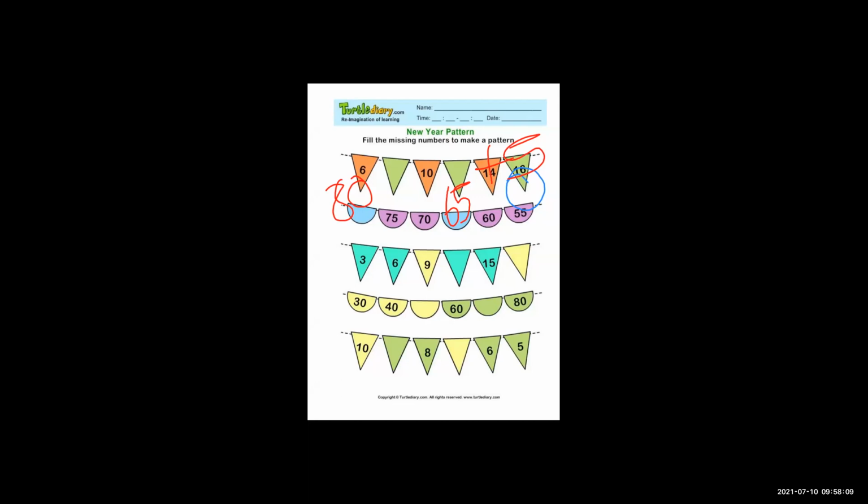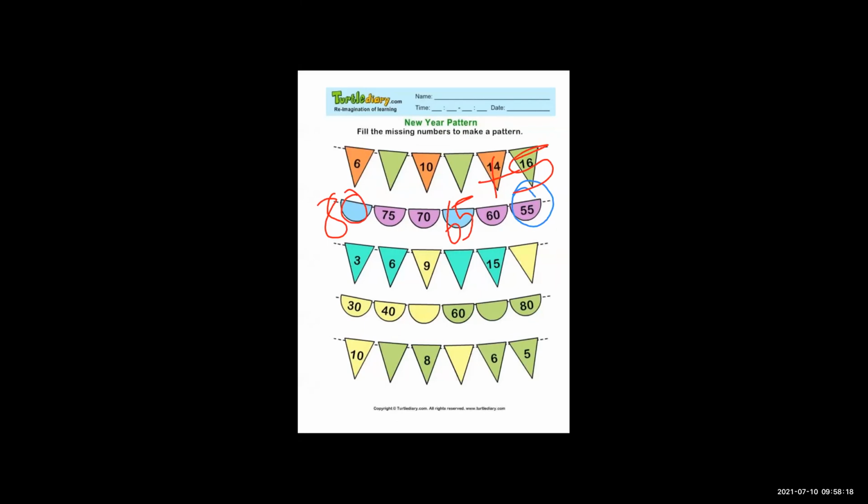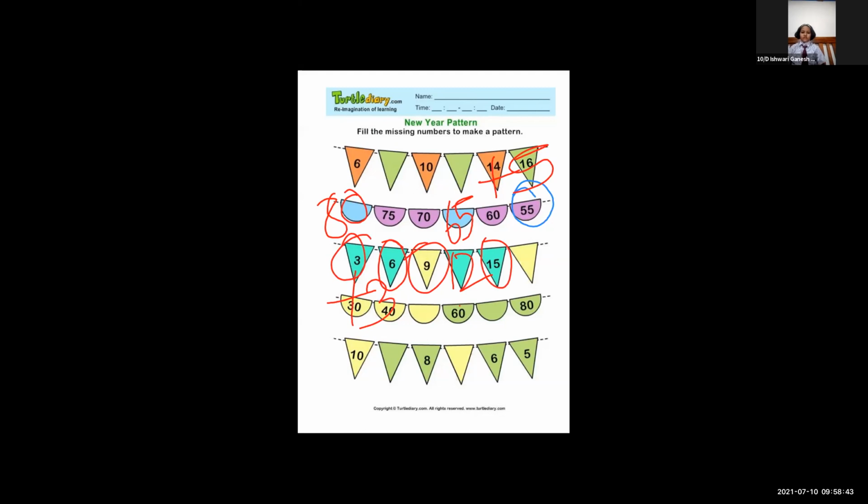Okay, Ishwari, on your screen 3 is given to us. 3 plus 3, we add the number 3. 3 plus 3 is 6. 6 plus 3 is 9. 9 plus 3 is 12. 12 plus 3, we get 15. Then 15 plus 3, just count. 15 ke aage 3 count karo: 16, 17, 18.